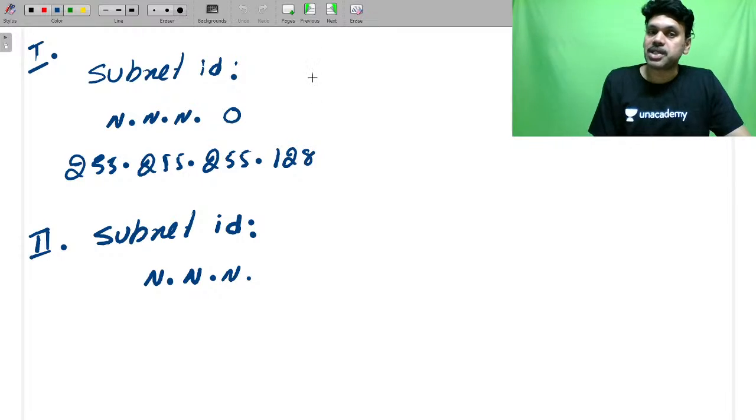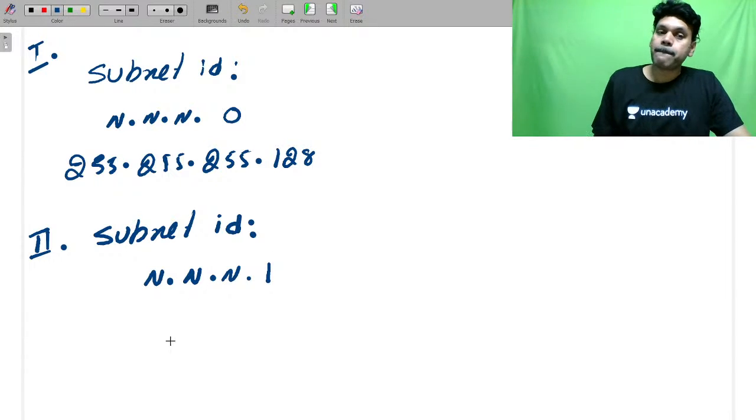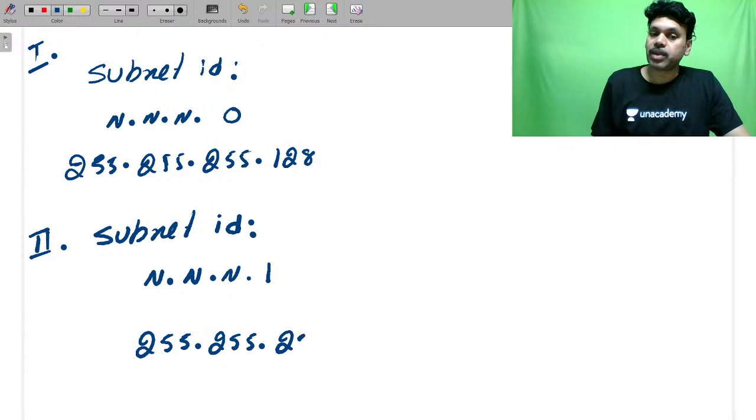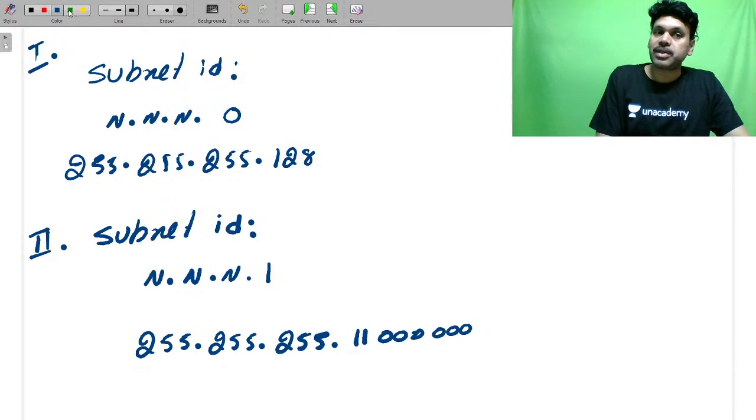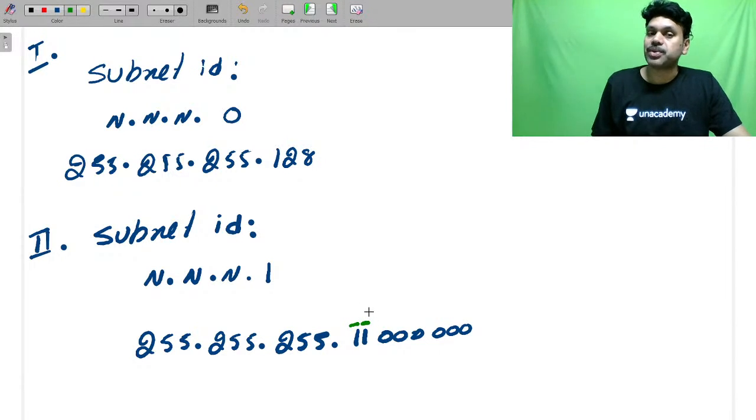So the other combination I am writing is 1. And don't forget one important thing here: the second group is subnetted, so the second bit is also used. Understand? You have 2 ones and 6 zeros in your subnet mask. The first one is for outermost and the second one is for innermost.